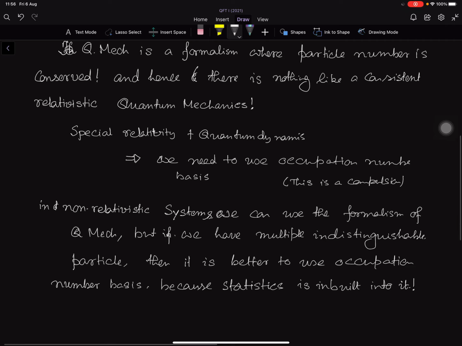Okay, so that's basically the bigger context for using occupation number basis.